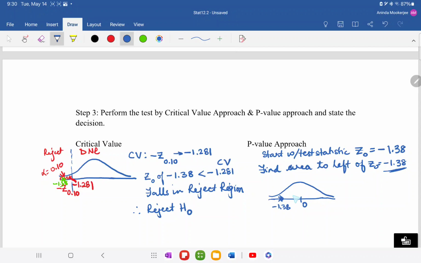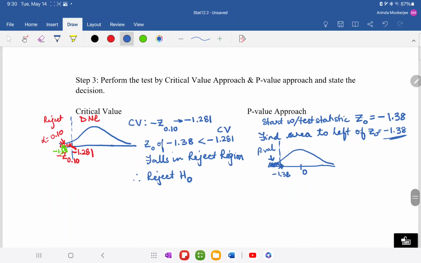Let's mark it here, negative 1.38, and we want the area to the left, which will be the p-value area. It's a one tail test, a left tail test, therefore the entire p-value will be on the left hand side. That area is 0.083. Again, I used my table as well as my graphing calculator, and both gave me approximately the same value.